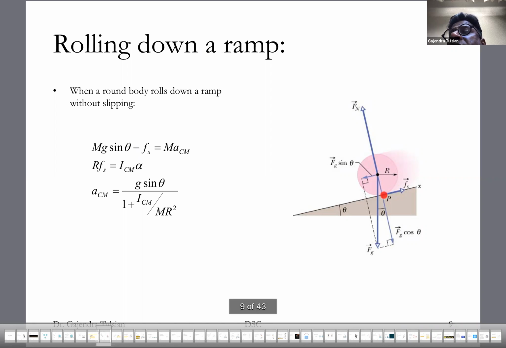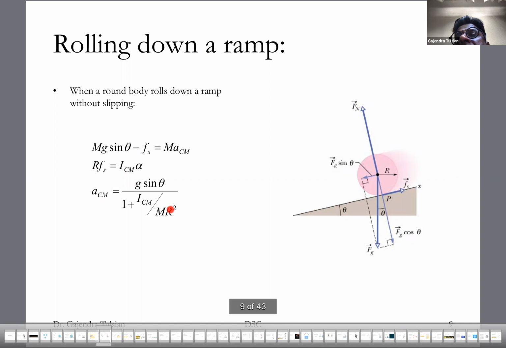Combining these two equations, you can solve for the center of mass acceleration, which is given by this expression.